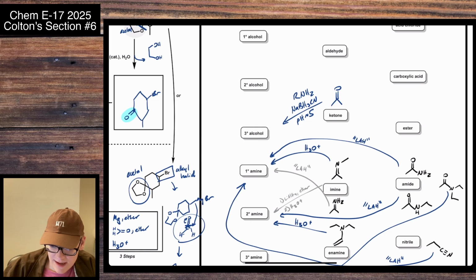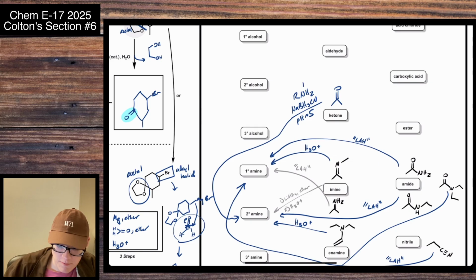And again, that's going to make a single bond here to NRH. So that would make a secondary amine. And that's if we reacted it with a primary amine.